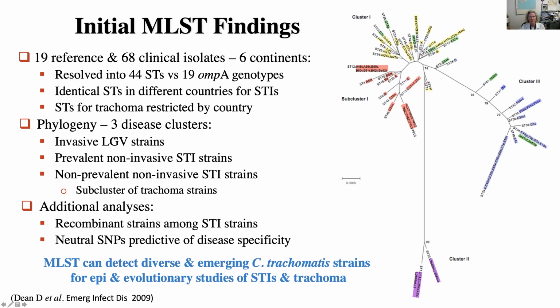In terms of phylogeny, the MLST resolved into 3 disease clusters. So there were the LGV cluster here, the non-invasive prevalent strains clustered here, and then the non-prevalent original strains here, and then the subcluster of the trachoma strains here. And with additional analyses, we could determine recombinant strains, and these are highlighted in green here.